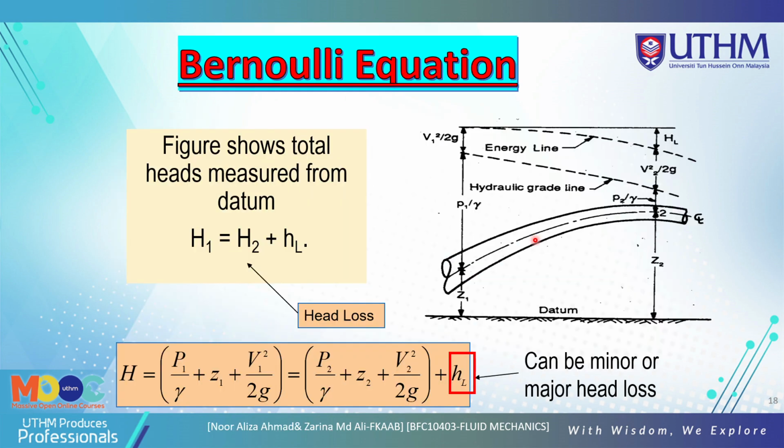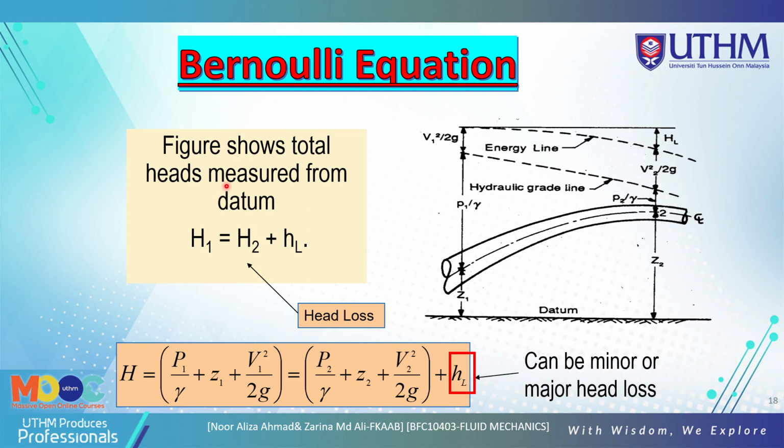Using the Bernoulli equation that we have learned in chapter 3, from section 1 to section 2, but for topic 4 here, we must add the head losses. Head losses can be minor or major head loss.